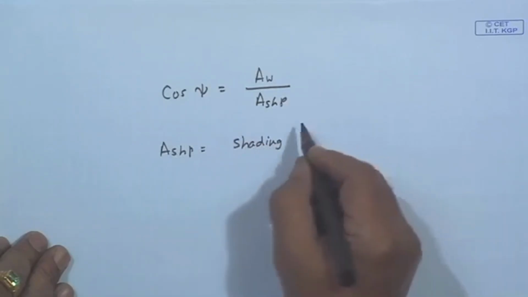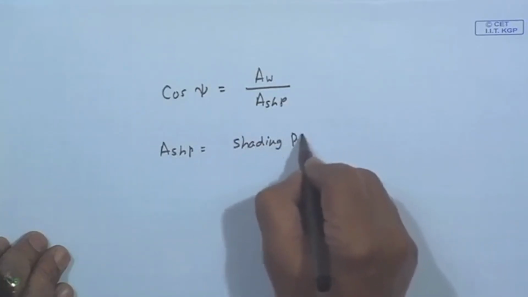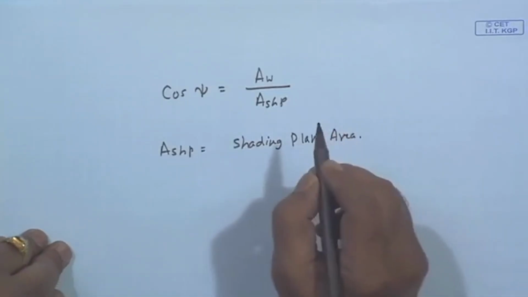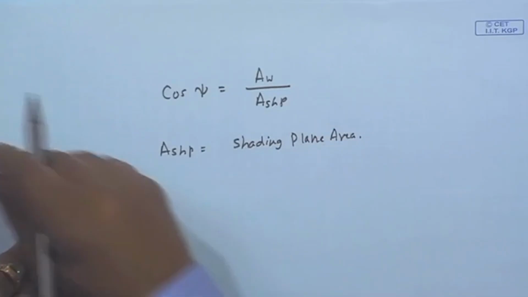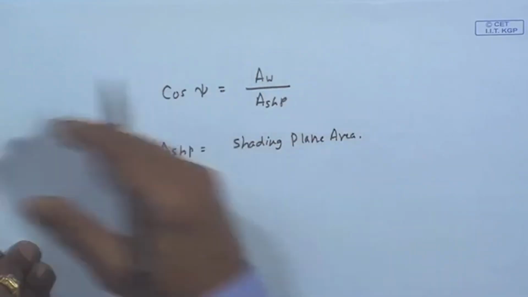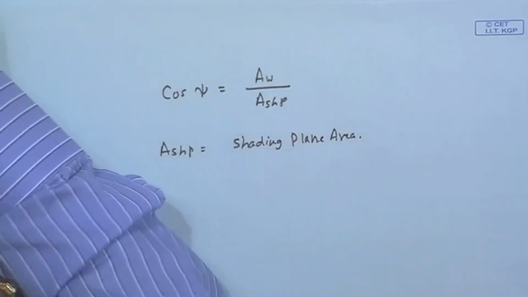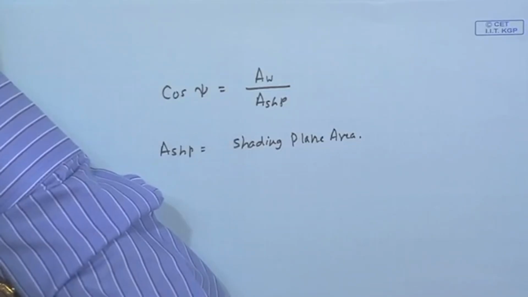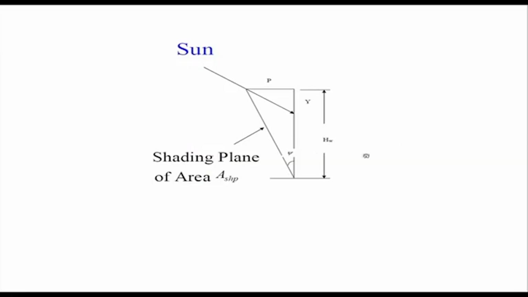This is popularly called the shading plane concept. It is a simple optics principle, just like the pressure drag. That is what I have shown here: this is the shading plane A_SHP.